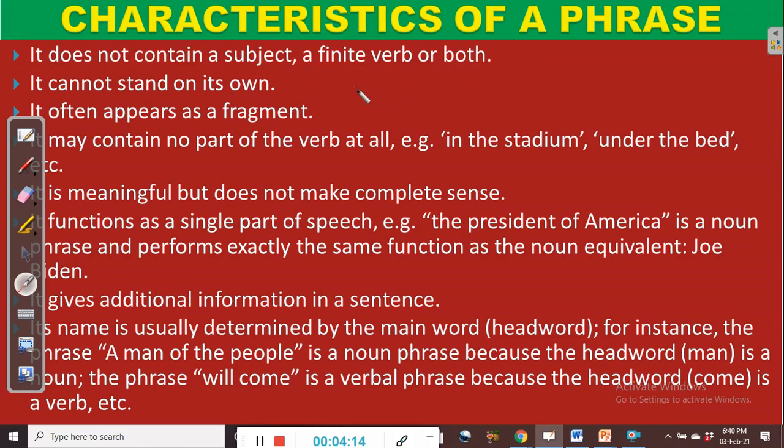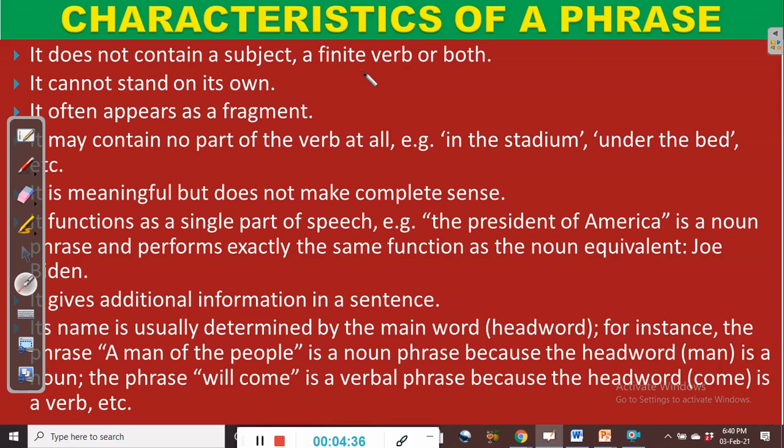All right? We always define a sentence as a group of words that contains a finite verb and expresses a complete thought or conveys complete meaning. Now, a phrase is a fragment.